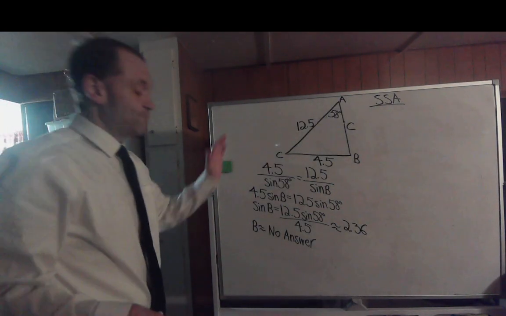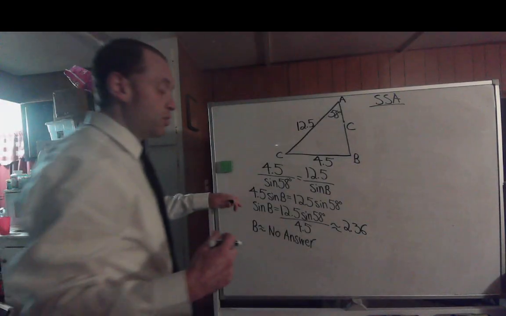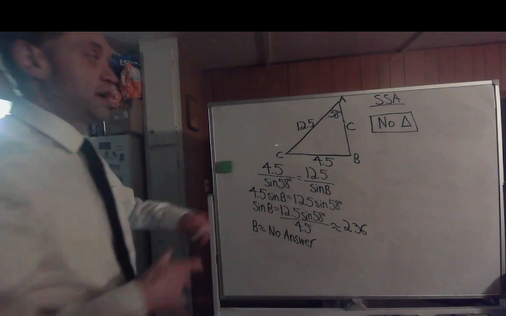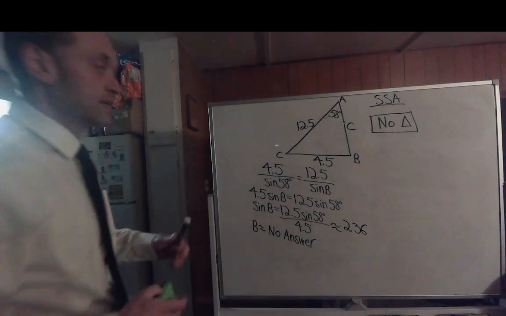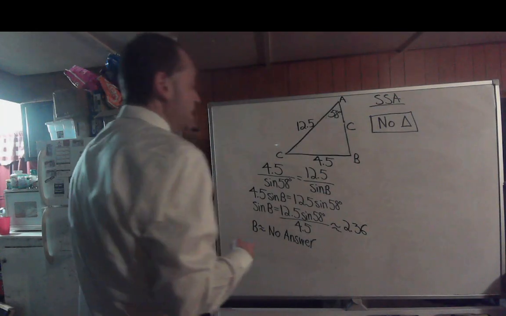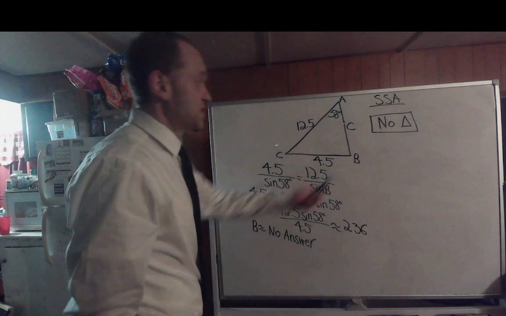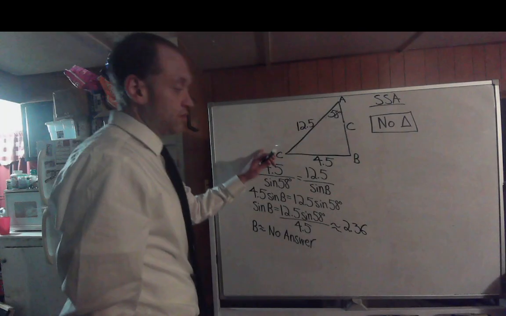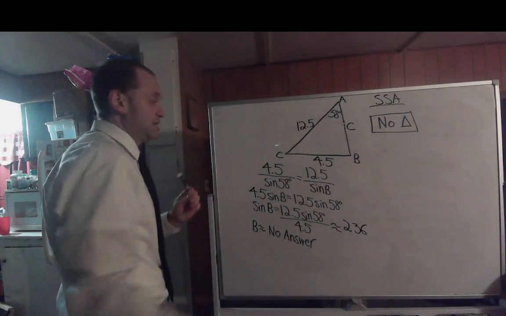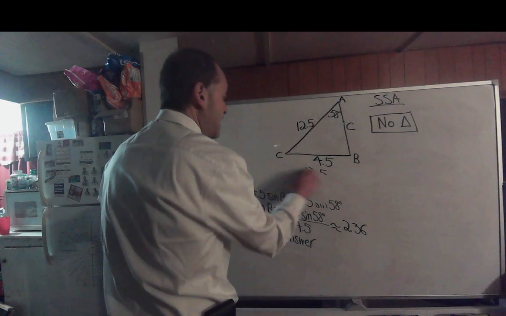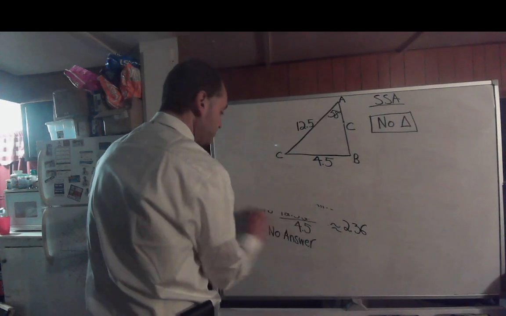So having set this up right away, we don't have to go any further. There's actually no possible triangle for this. We have no possible triangle. There is no path forward with this. And we certainly can't solve for side C or angle C because we don't know angle B. So there is no path forward with this one.